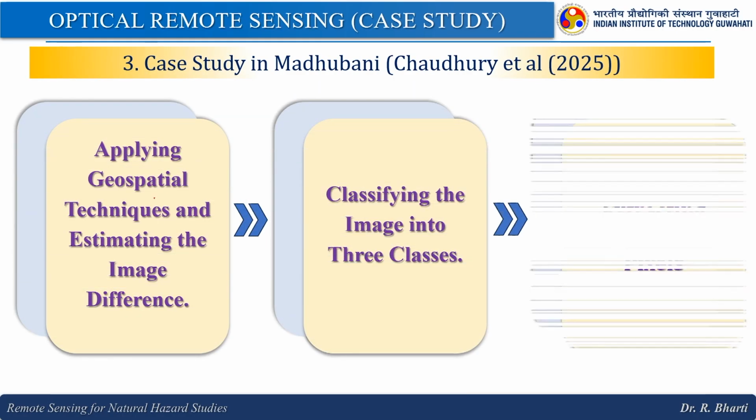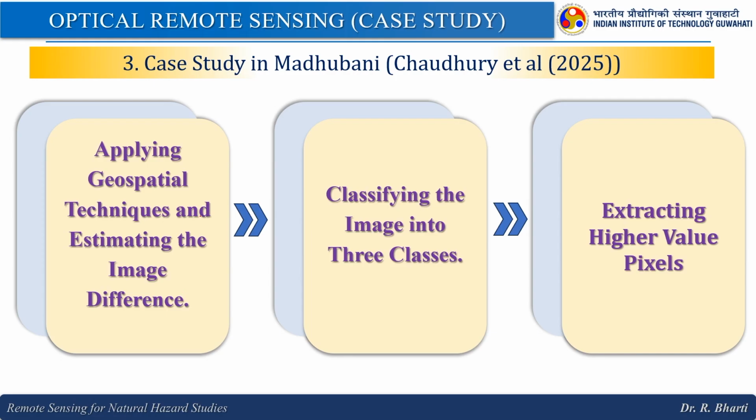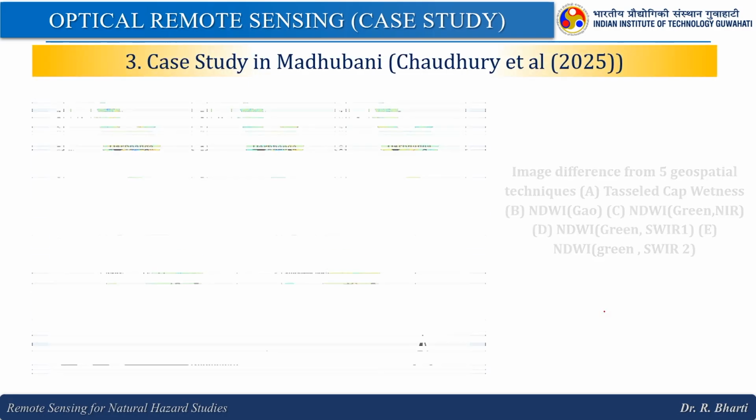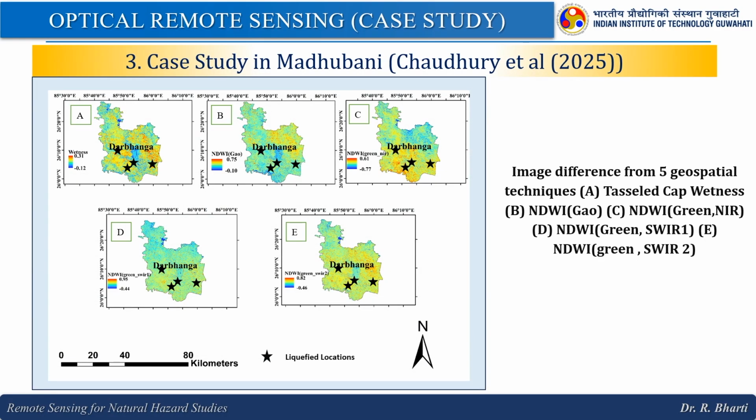So, here what we did is we applied the geospatial techniques, we utilized different methods to estimate the image differences, and then we classified the image differences into 3 classes and then extracted the higher value pixels, right, and those were indicating the liquefied zones.